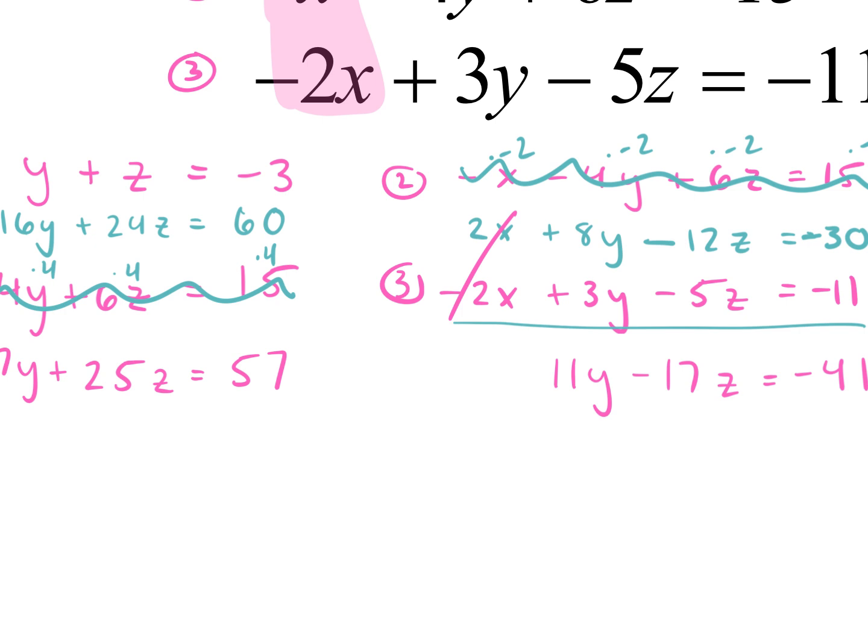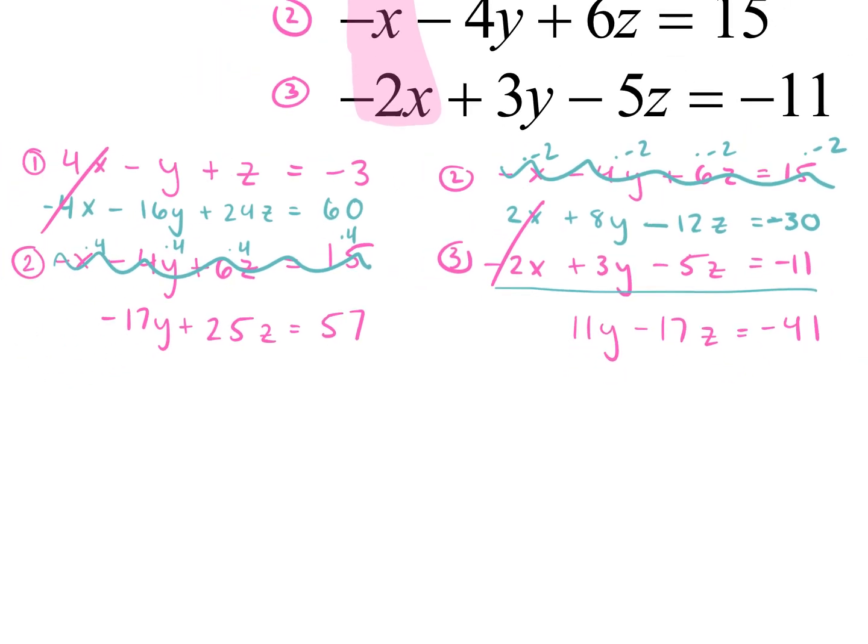What should we do next? Let's combine these two equations together. So negative 17y plus 25z is equal to 57.